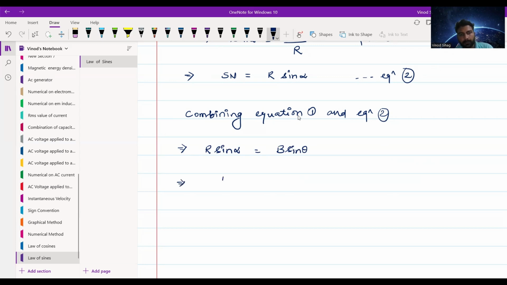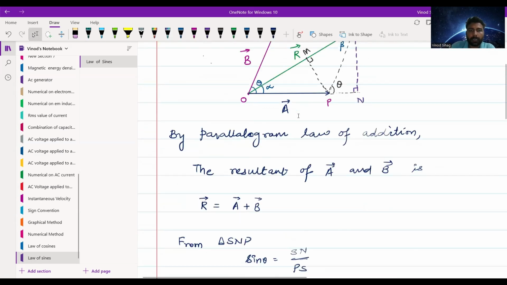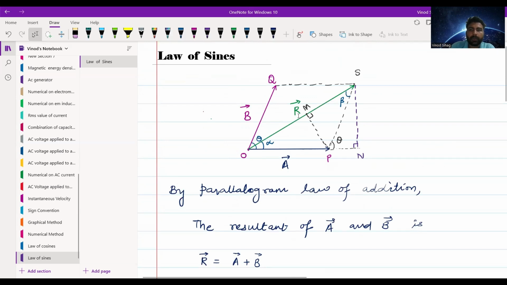If we rearrange the equation, we get R upon sine theta equals B upon sine alpha. Let's name this equation number 3.